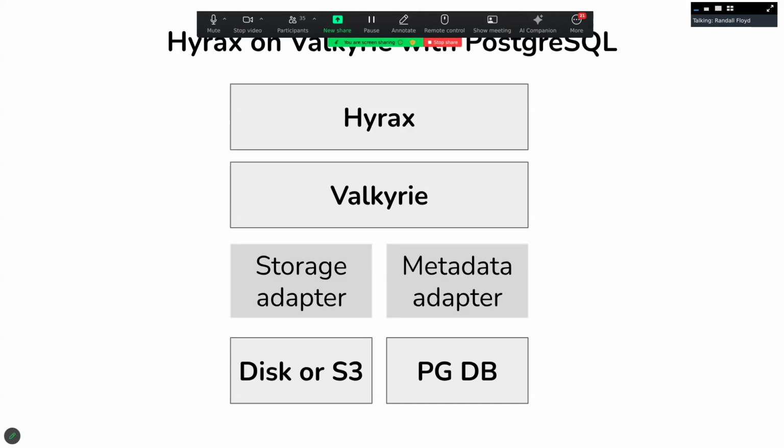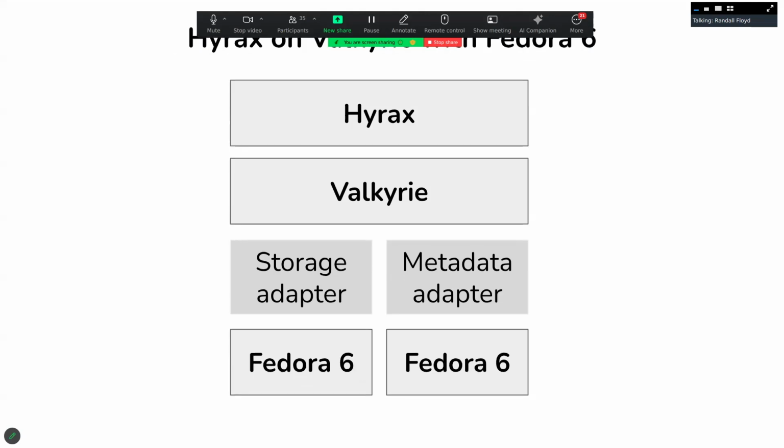If you're choosing to do Fedora 6, most people choosing to do that deliberately are probably using Fedora 6 as both the storage and the metadata adapter. And of course, Fedora 6 could be handling the storage on top of S3, but you're still going through the Fedora API to get there.